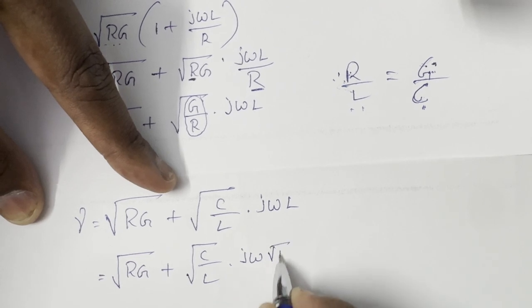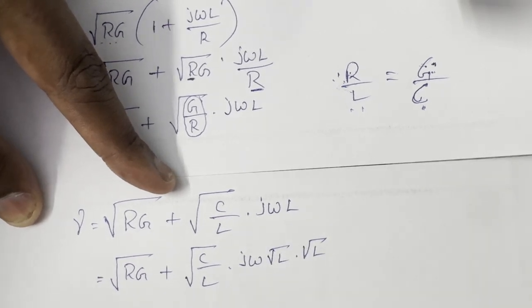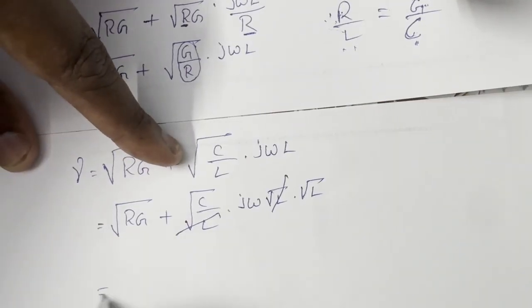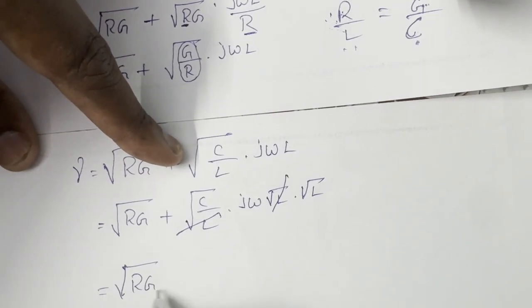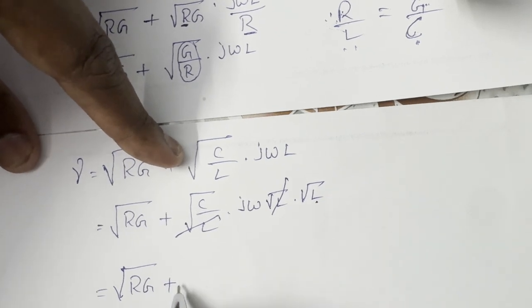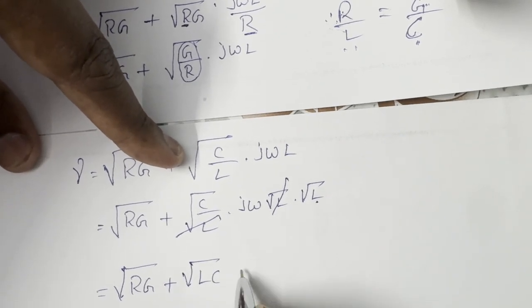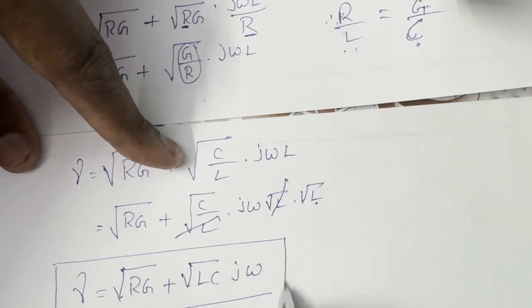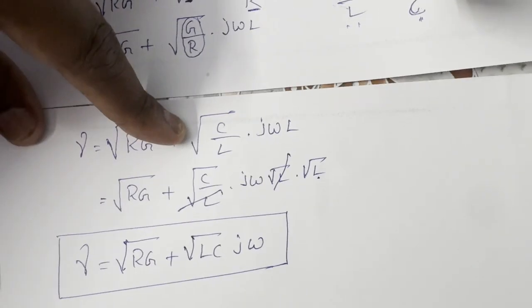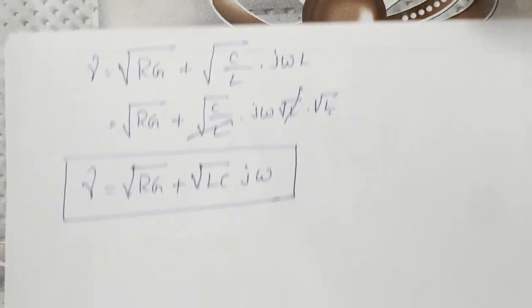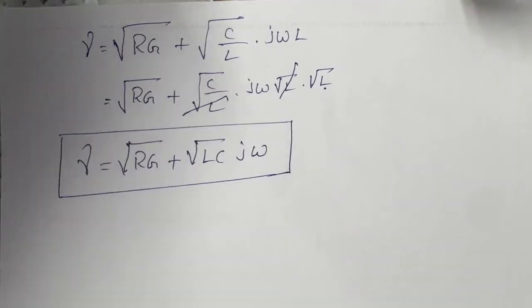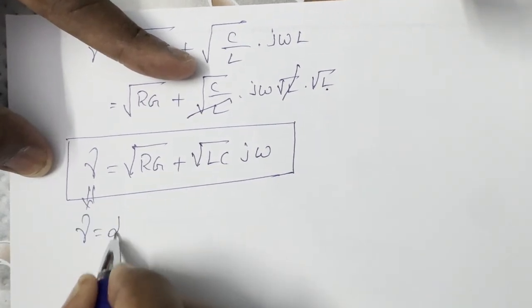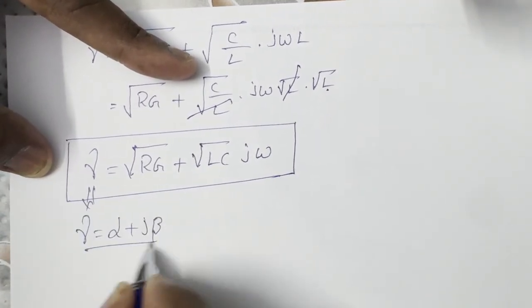This L can be written as root L into root L. Here root L gets cancelled. Then gamma equals root RG plus root L into root C, root LC, j omega. It is the expression for gamma. Now we know that gamma can be written as alpha plus j beta.